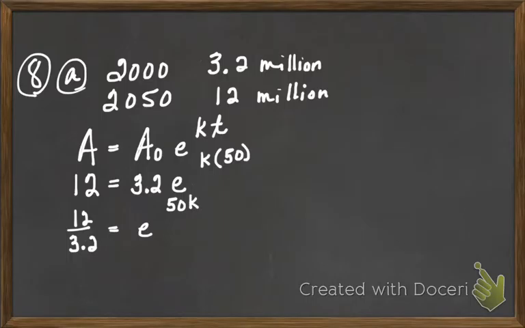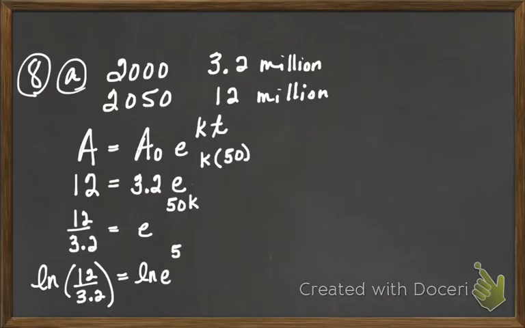If we're solving for K, K is in the exponent spot. There's going to be no way you can get both sides in base E, so you're going to always take the ln of both sides. And your ln of E will always cancel because ln and E have the same base.